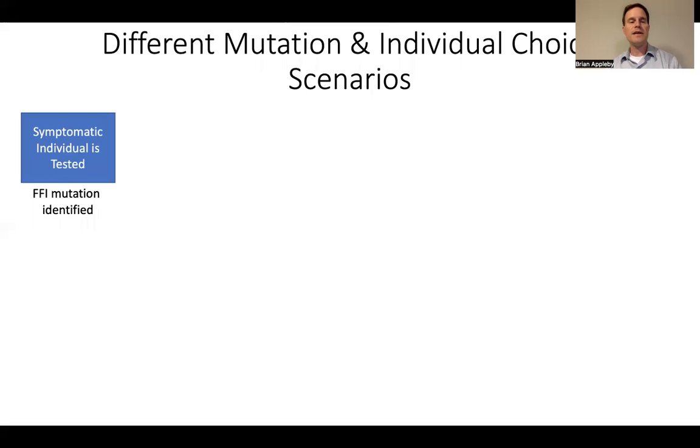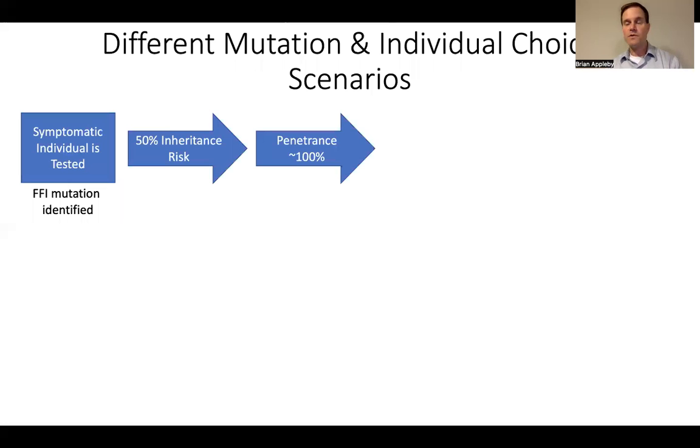So say we have a symptomatic individual who they identified the FFI mutation, and their family is trying to decide whether or not they want to get tested. And in this circumstance, we're talking about children of this individual. So again, the children have a 50-50 risk of inheriting the mutation. We know that the penetrance level for the FFI mutation is almost 100%.